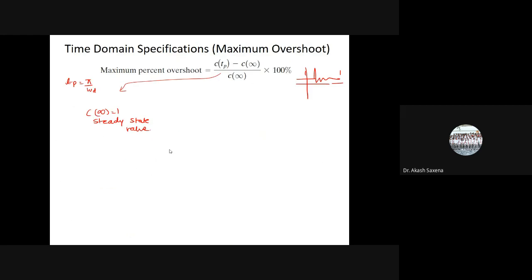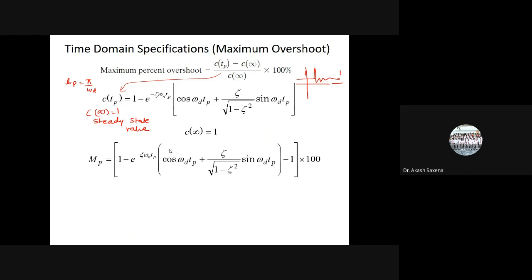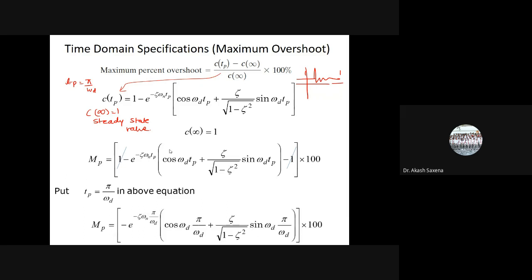Now, maximum overshoot. I can write that if c infinity is equal to 1, if I put t equal to infinity in the system, it will be equal to 1. So when I put Tp equal to pi by omega d, which is the peak time, I will be able to calculate the maximum peak overshoot like this.